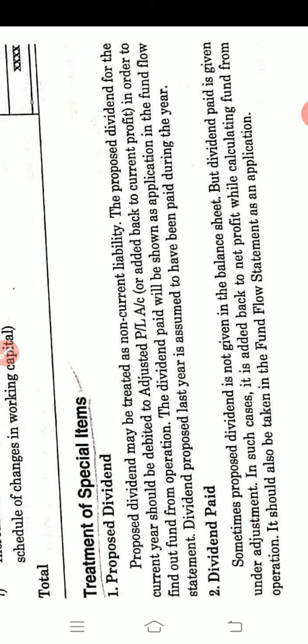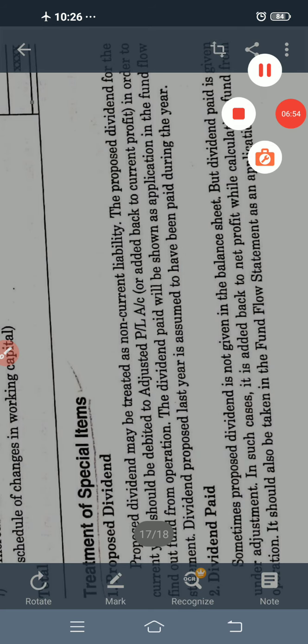In such cases, it is added back to the net profit while calculating the fund from operation. So while calculating the fund from operation, that is the third step, we have to add that dividend paid that is given in the adjustment, and it should also be taken in the fund flow statement as the application of fund. So like that we have to treat the dividend paid.